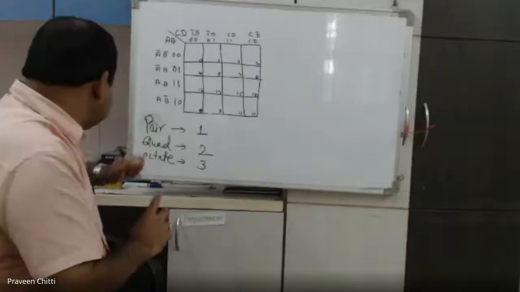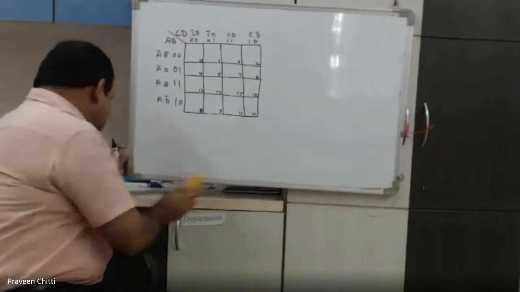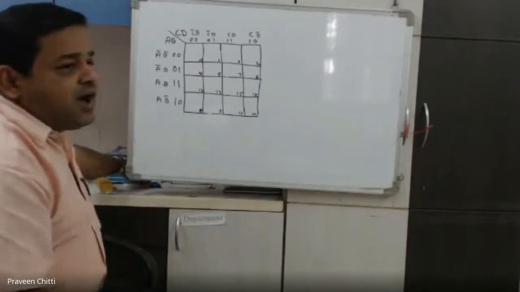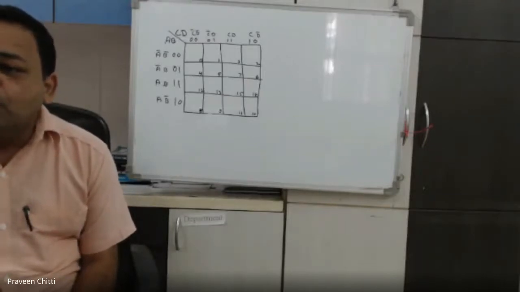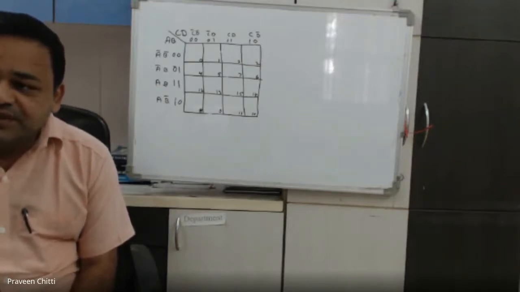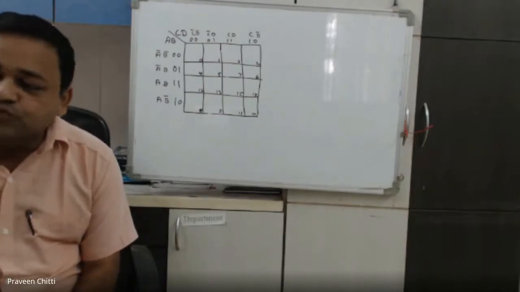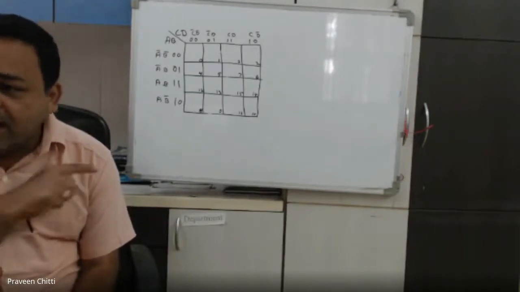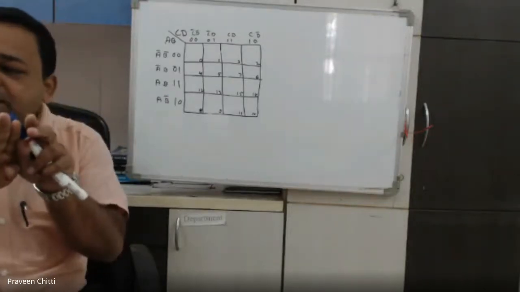Yes, sir. All of you understood this? Now, the very important thing is how we need to do the groupings. When you are doing the grouping in the K-map, the grouping has to be done either in the horizontal direction or in the vertical direction, but no grouping is allowed in the diagonal direction. What is the meaning of this statement? When you are grouping adjacent ones to form a pair, quad or octet, you can club them either in the horizontal direction or in the vertical direction, or even by folding or overlapping.